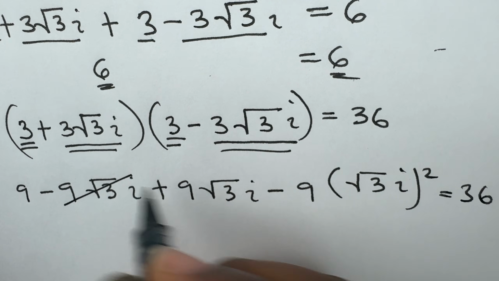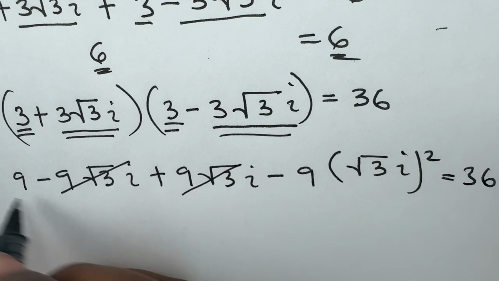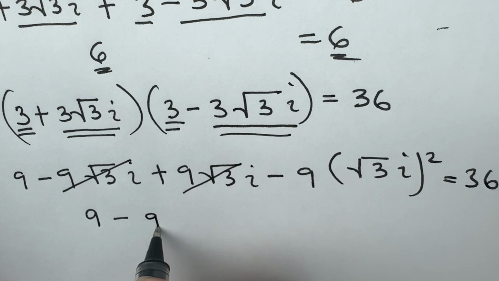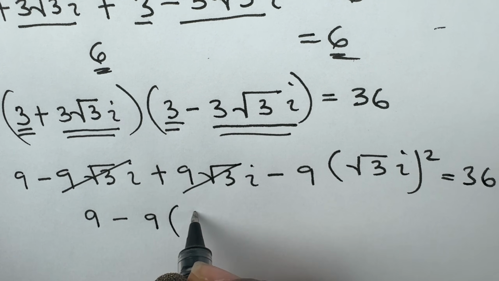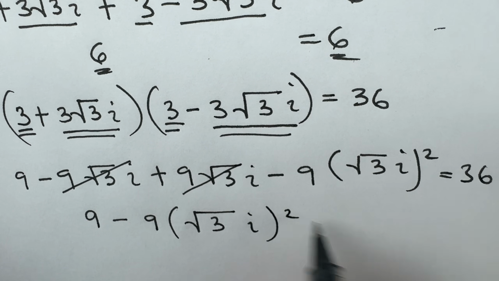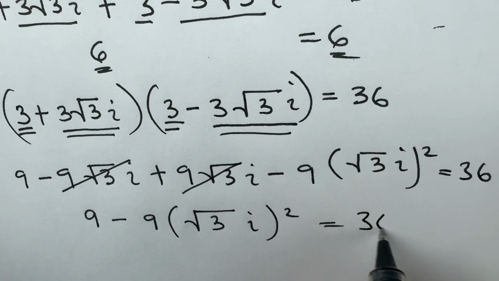So this cancels this. Then we have 9 minus 9 into root 3i squared to give us 36.